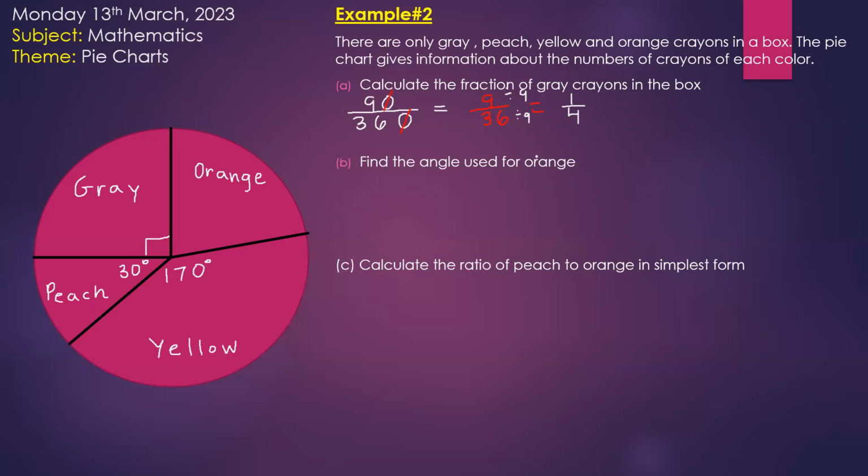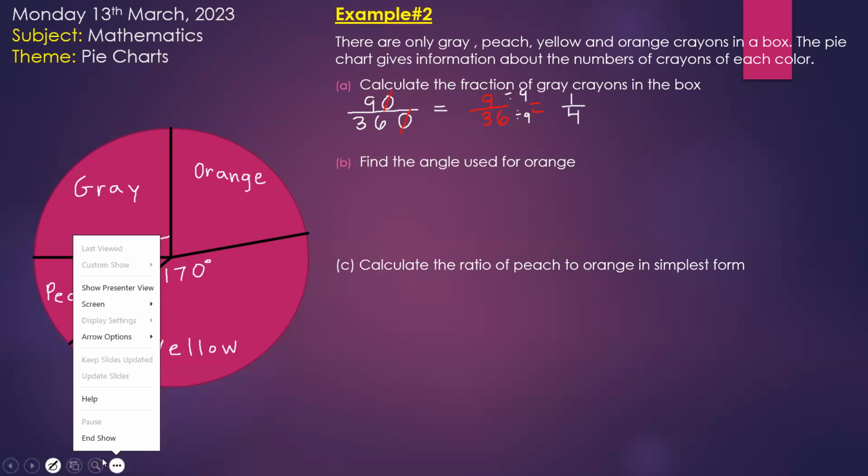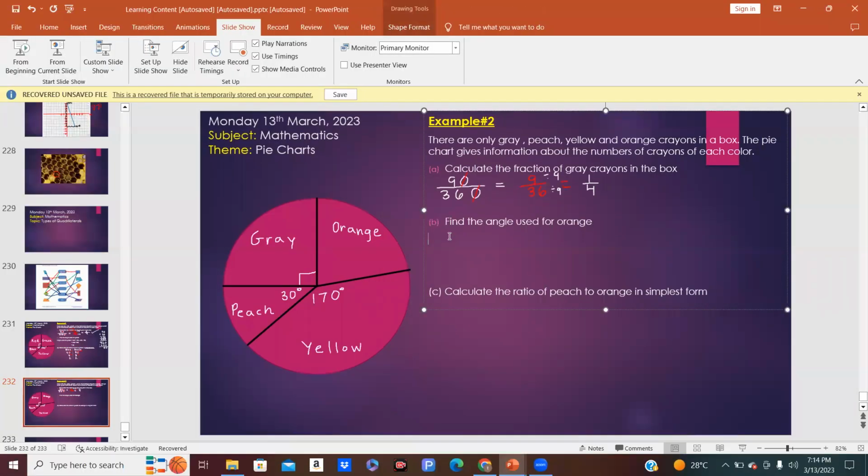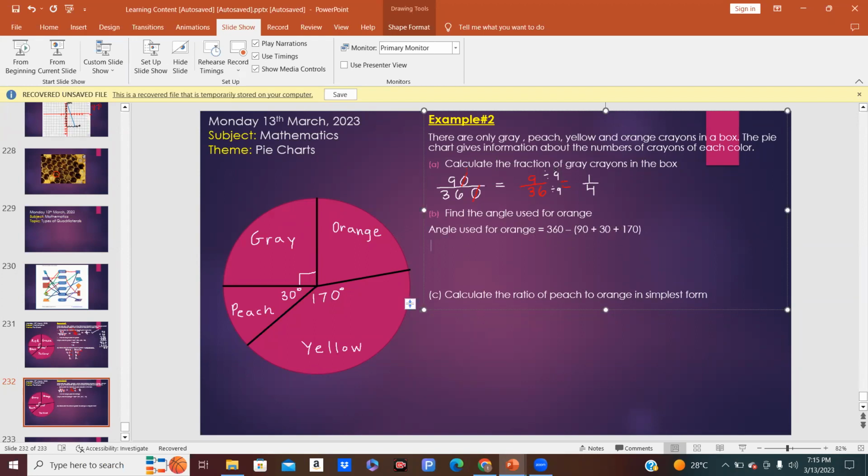Now we want to figure out the angle used for orange. 90. 360 subtracted by 90, the sum of 90 plus 30 plus 170. Very good. So the angle used for orange is going to be equal to 360 degrees minus, bracket, 90 plus 30 degrees plus 170. All right, add that up.